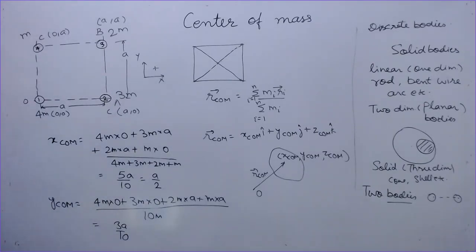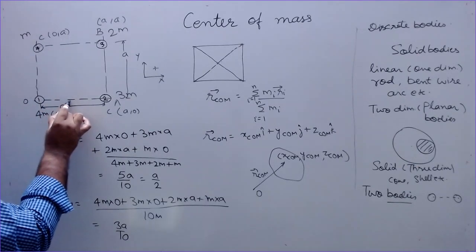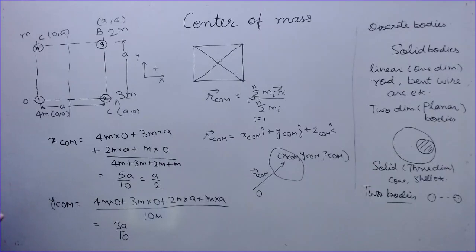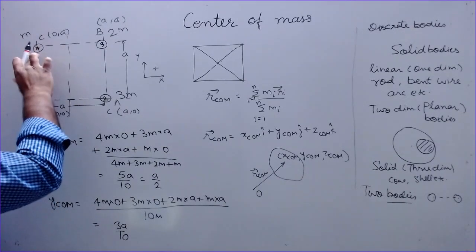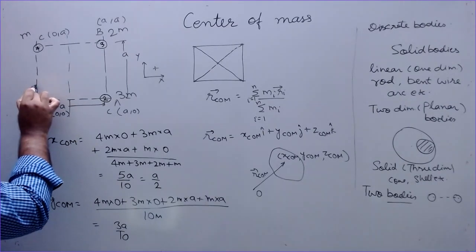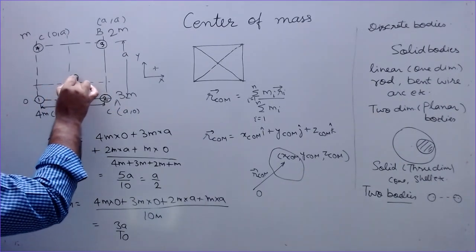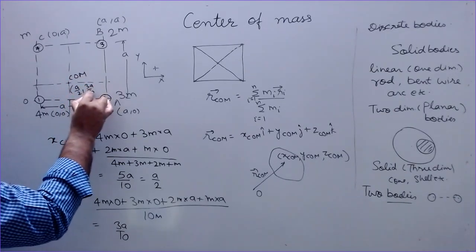So the center of mass lies at x coordinate A by 2, here at its center. Y is 3 by 10, 0.3. So this is A, so this is half, this is 0.3. So the COM coordinates are A by 2, 3A by 10.